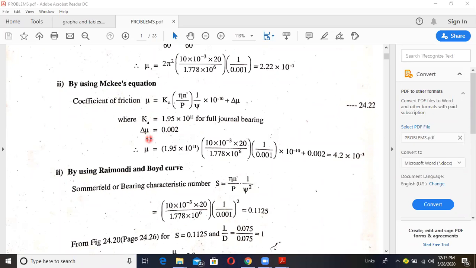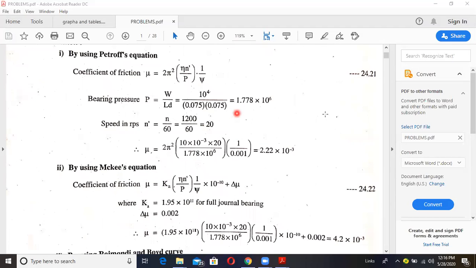Once you have Ka and delta mu, substitute Ka, eta, n dash, P, xi and delta mu. Since all the terms we know, substitute all the values and calculate mu. Finally mu is equal to 4.2 into 10 to the power of minus 3. So this is the coefficient of friction based upon the McKee's equation. So second unknown is over.